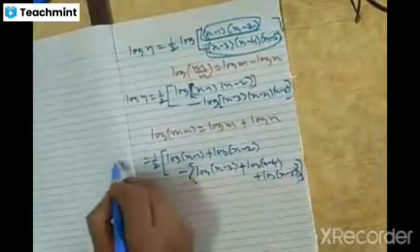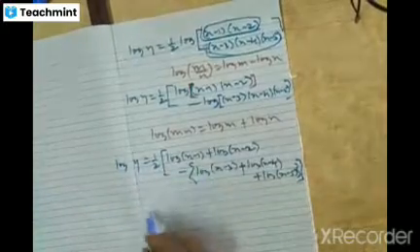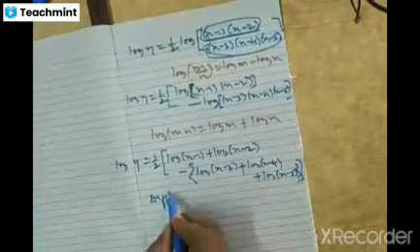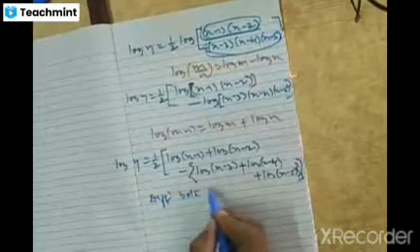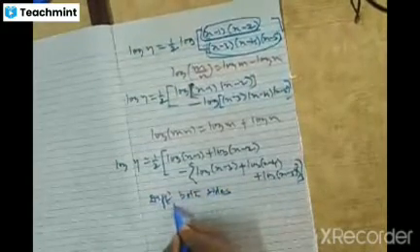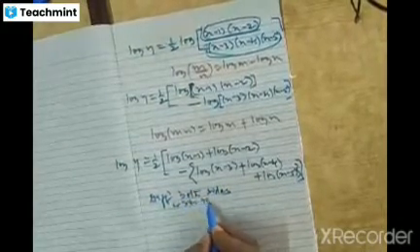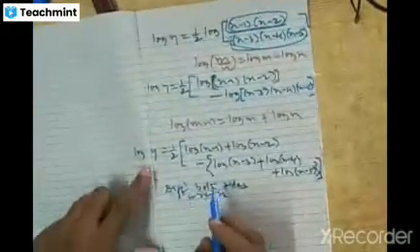The left side we have log y, differentiating both sides with respect to x. In left side we have log y, right?